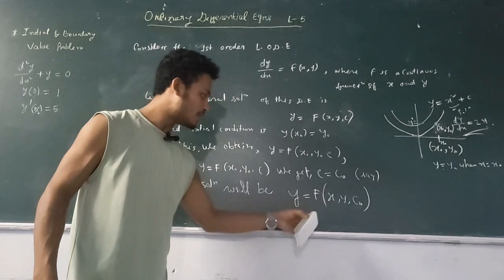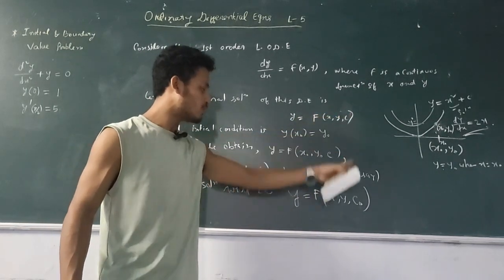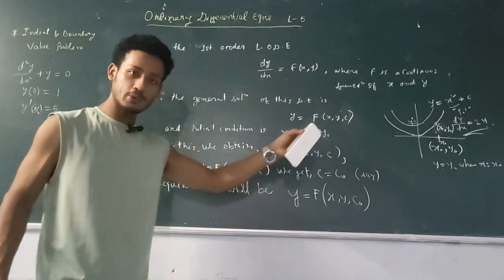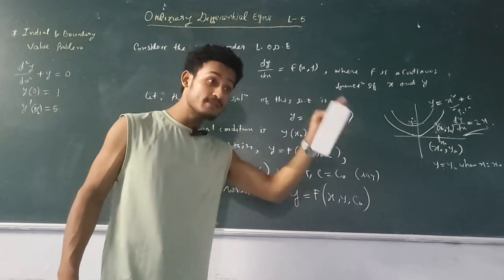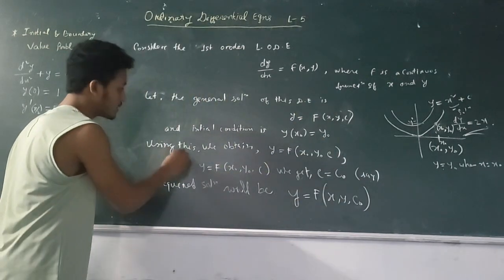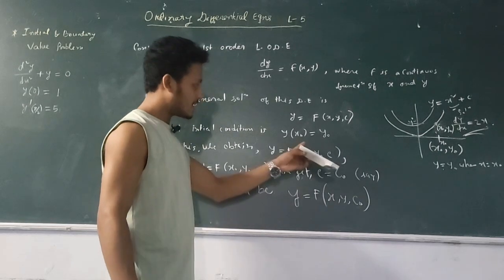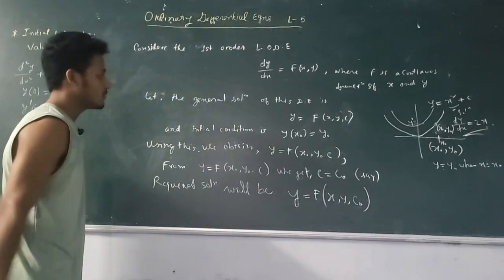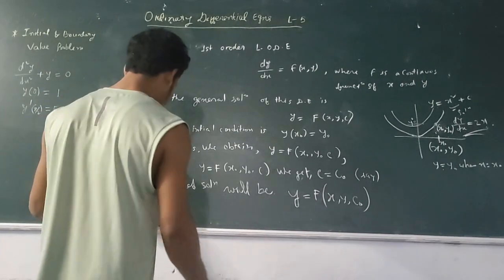So this is the particular solution, because we have put a particular value of c. But what particular value we will put here, that will be given by this initial condition. That will depend upon this initial condition. So I hope you understand that is initial value problem.